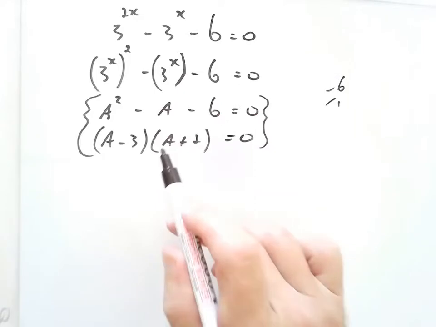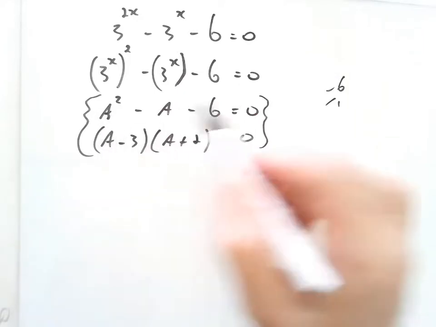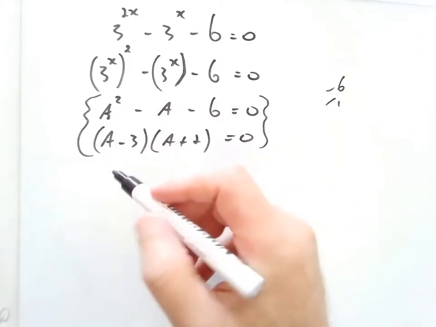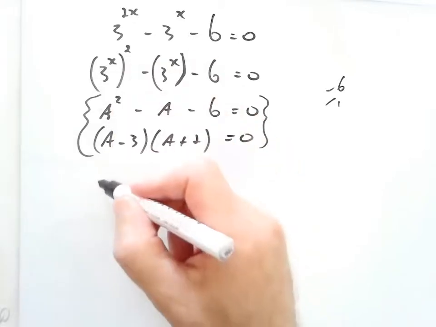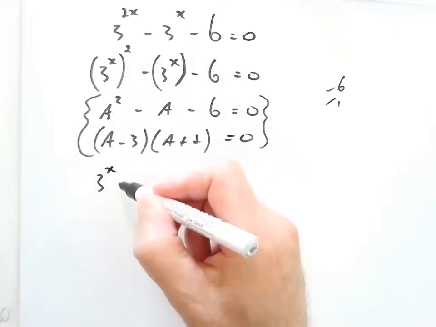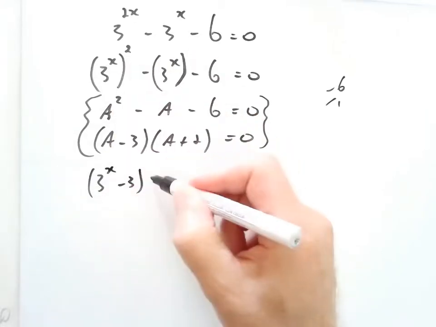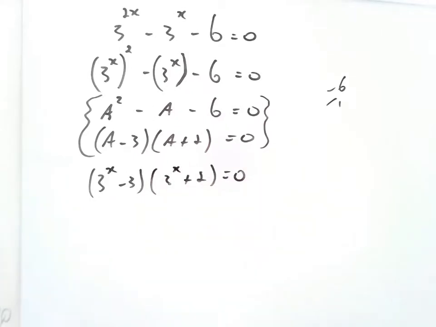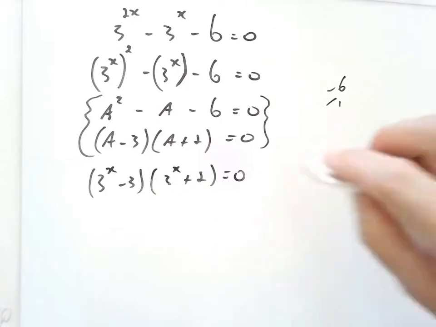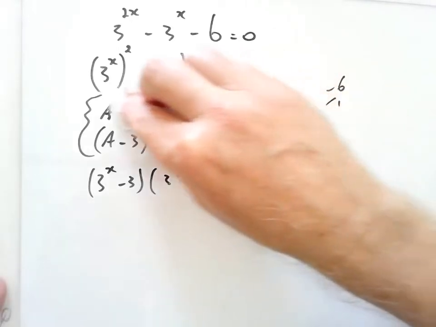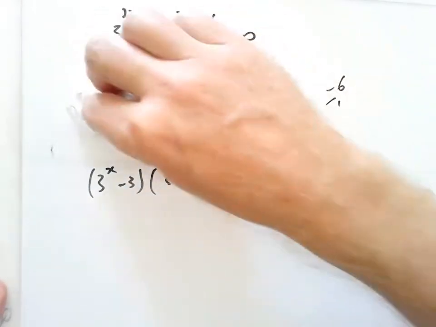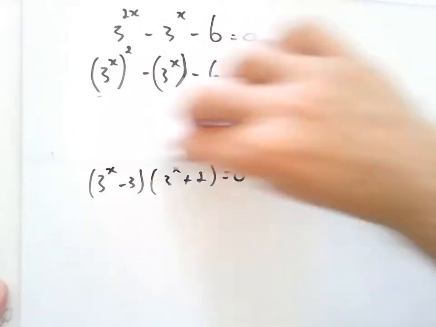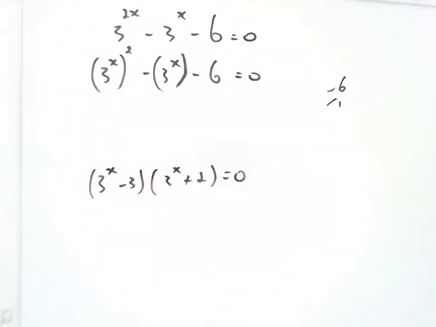I encourage you to actually write the A when you first start out, but eventually you're just going to go, it's going to be 3 to the x minus 3 and 3 to the x plus 2 equals 0, and you don't need to then show that working. But for this, to start with, put those A's in there.